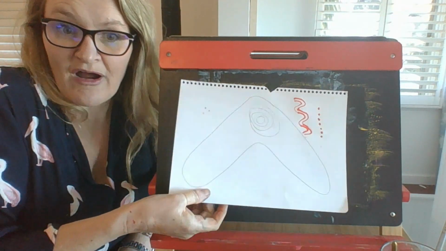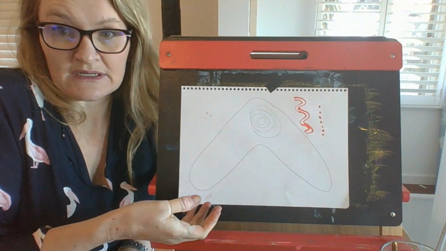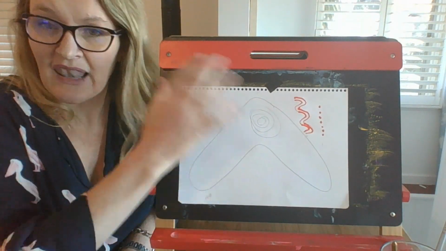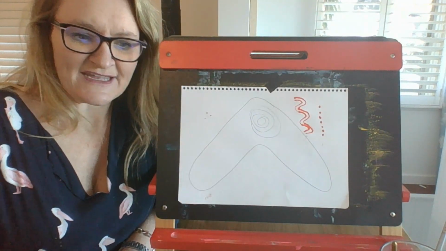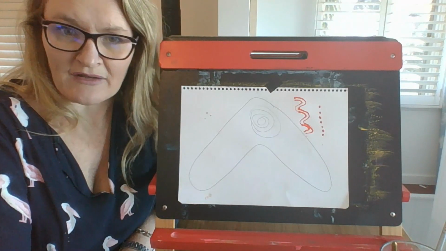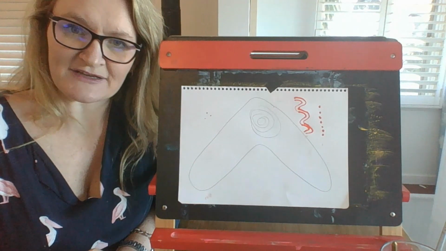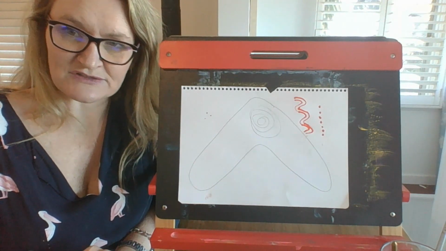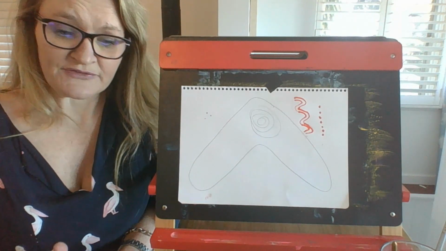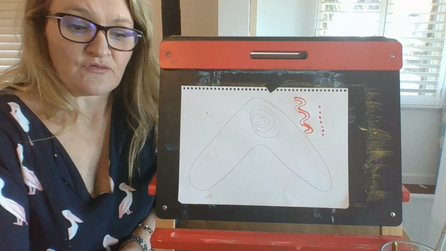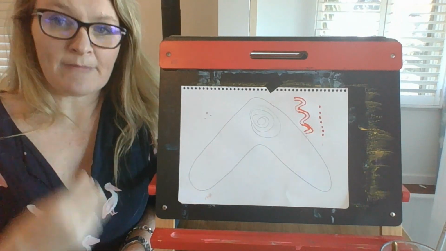When this page dries, I'd love for it to come back into your art diaries because I love looking at all the sketches and the brainstorming part of artworks. So once this is dry, you can just stick that back into your art diary and bring that back to school as well.